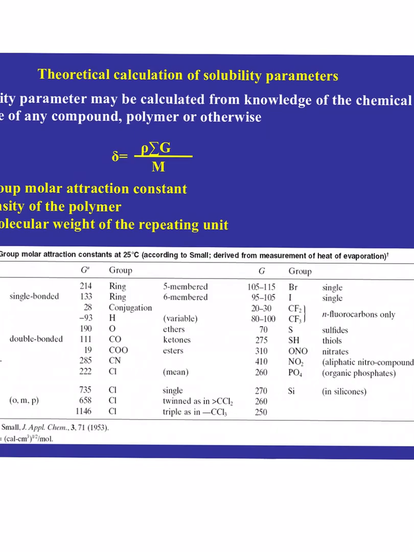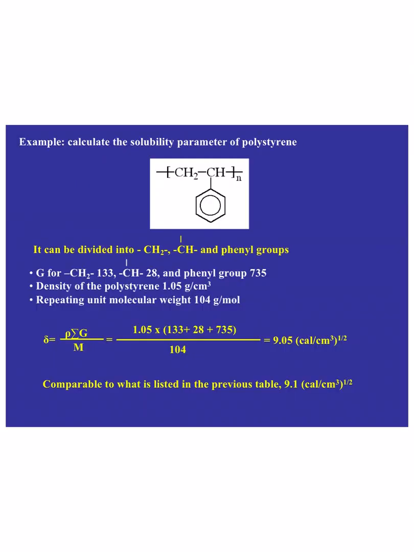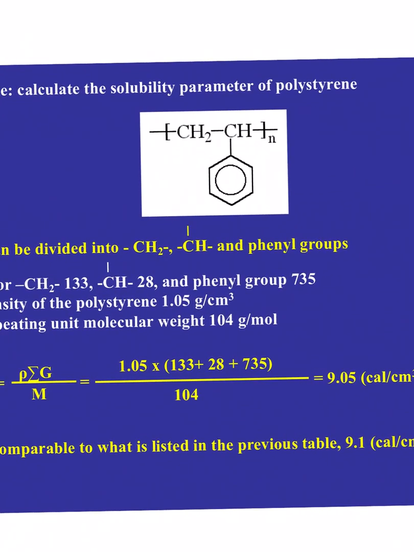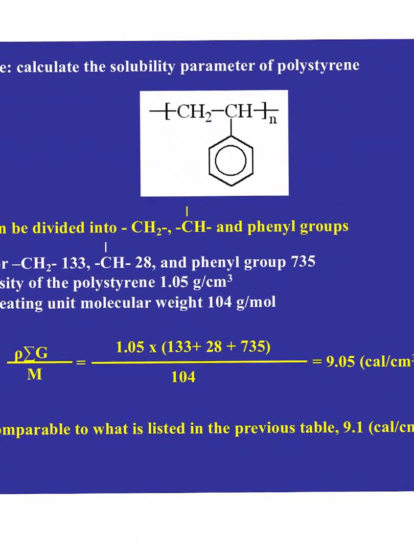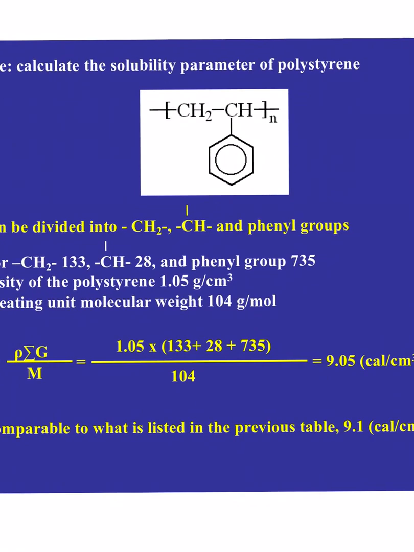We can think about this in terms of working with a given polymer structure, counting the number of groups, figuring the contributions to delta based on the table, and then summarizing this in the form of an overall delta that can be used to look at that table and say, oh yeah, this is going to dissolve, or this won't dissolve.